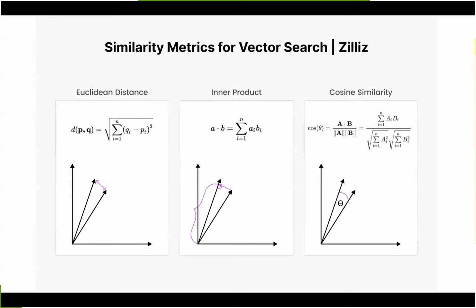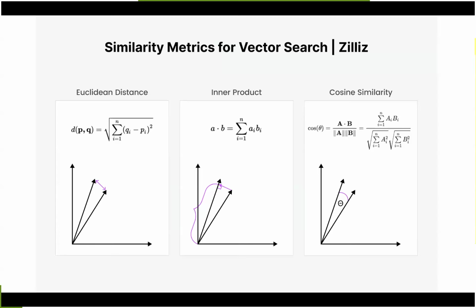To give you a better intuition, Euclidean distance is, as you know, the difference, and I don't think I need to explain that. The inner product is the projection of one vector onto the other, multiplied by the sizes of these two vectors. And the cosine similarity is basically the cosine of the angle between the two vectors.